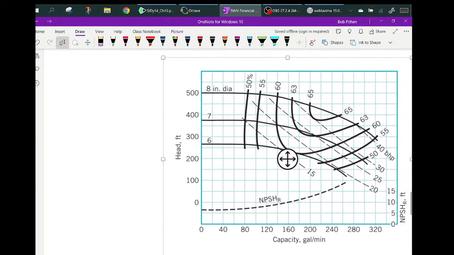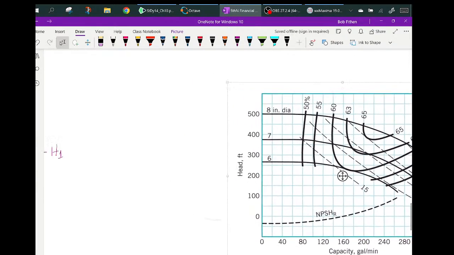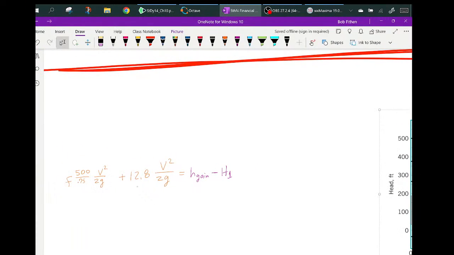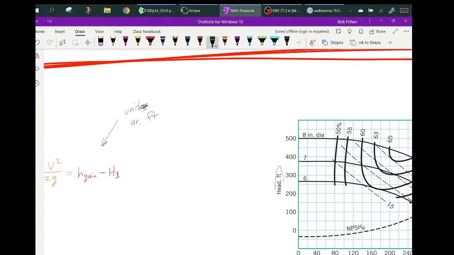Now here's the thing about this. Let's look at the units over here. Okay, the units. Okay, hit the escape. Now I figured out how to do that finally. Units are feet. That's what we have right here.